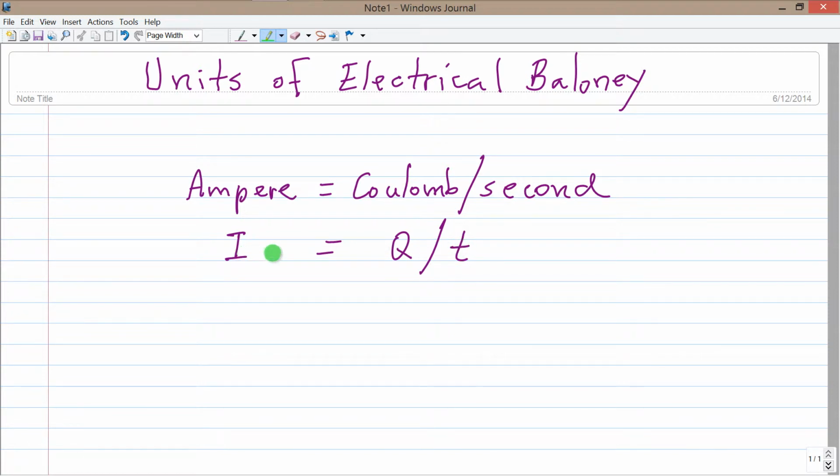So we can say I equals Q divided by T. Okay, that's cool. Now we can also turn that around and multiply through by T, and then say that IT equals Q. In a sense, a coulomb is an ampere second.